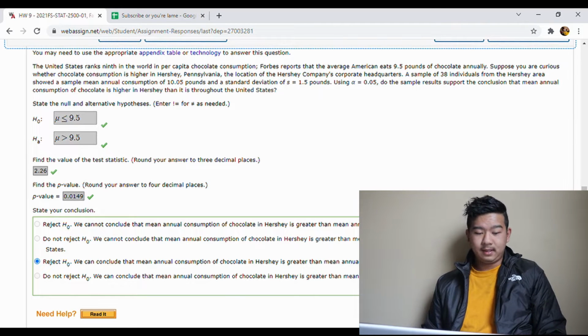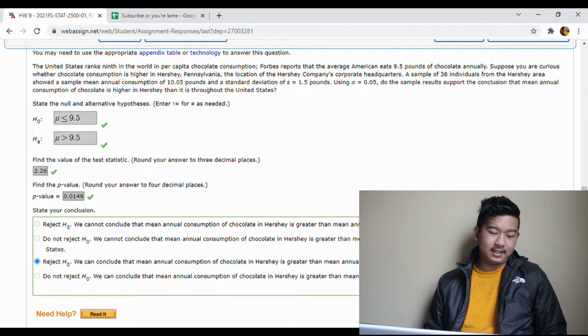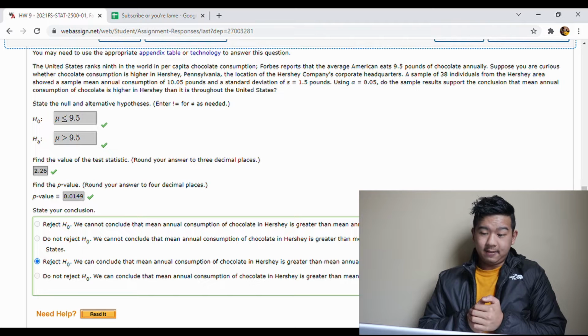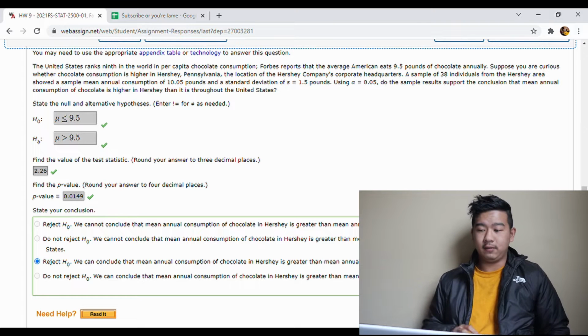So, this is a multi-part assignment. Part A says state the null and alternative hypothesis. The alternative hypothesis makes it really easy to start off with, because the alternative is what we are looking for. We are looking for whether Hershey consumption is higher than it is throughout the US.